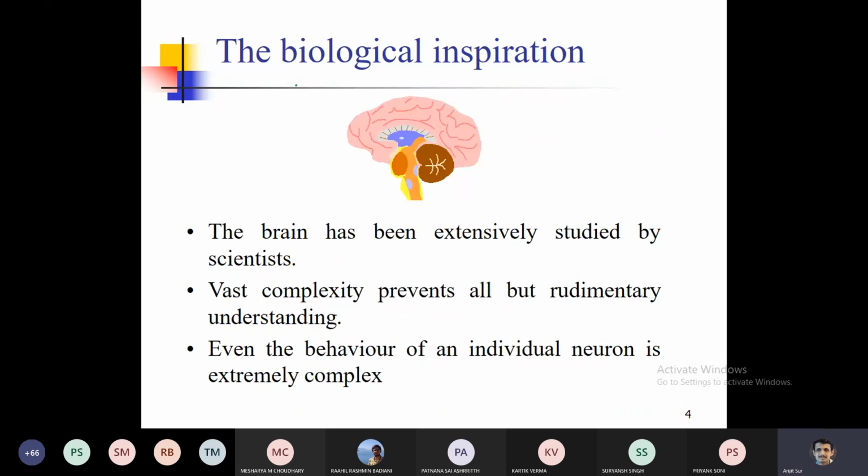Now the question is why it is called artificial neural net. It has some similarity with brain learning. The brain has been extensively studied by scientists, but its vast complexity prevents all but rudimentary understanding. That is the major thing. Even in our most modern science, the brain is still a big surprise for us.